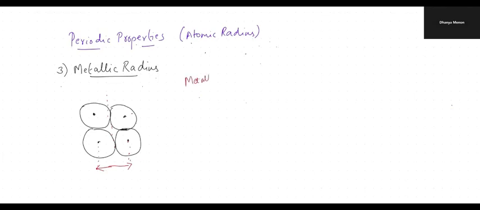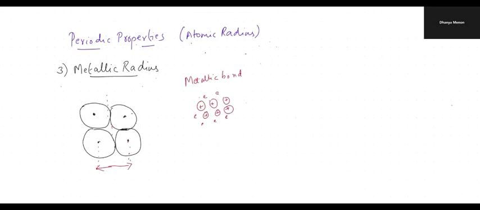In a metallic bond, there is a lattice of metal ions arranged in a certain array, and there is a sea of free electrons moving around freely.